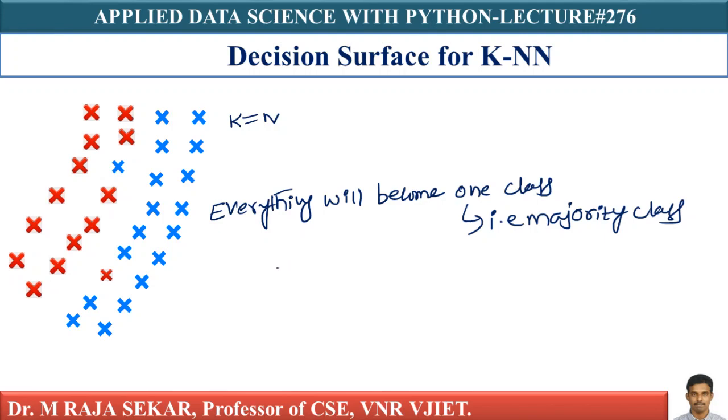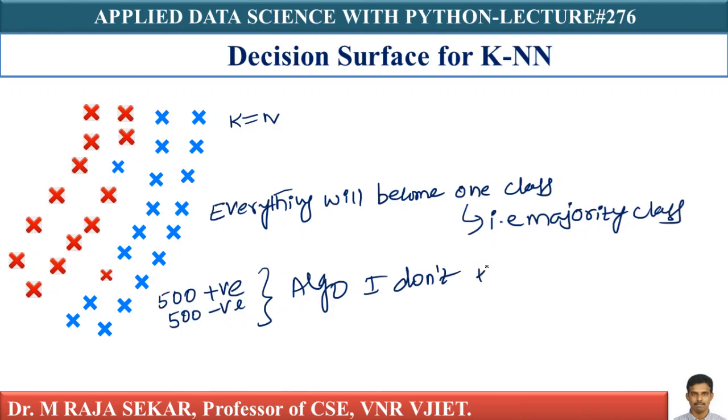If you have exactly the same number of points in those 1,000, if you have exactly 500 positive points and 500 negative points, then the algorithm will say I don't know what to do, isn't it? It is completely indecisive. It cannot take a decision.